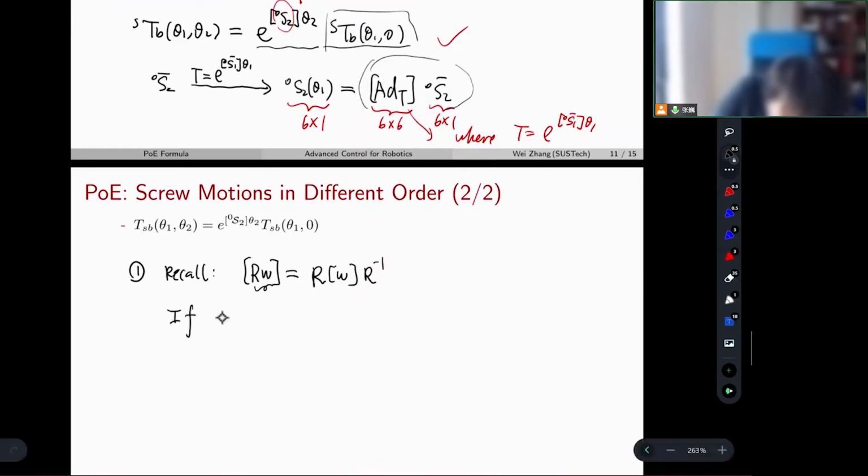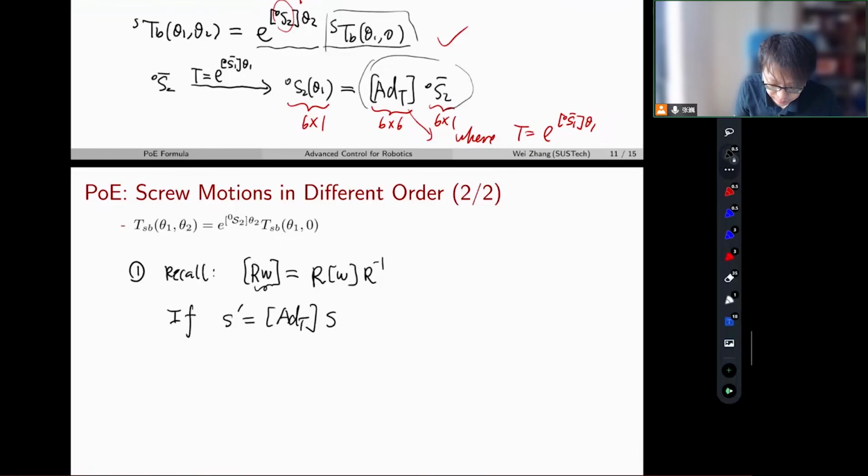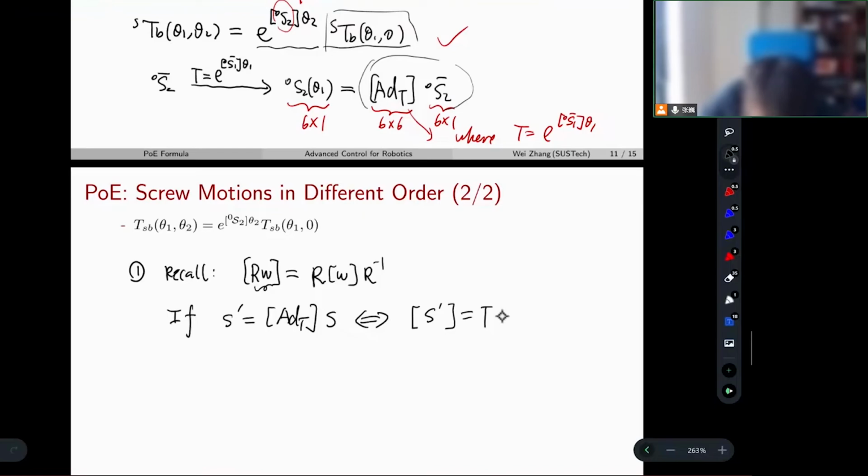Similarly, we can prove, maybe we didn't: let's say S prime equals the adjoint of T applied to S. Then the matrix representation of this twist equals T times the matrix representation of S times T inverse.